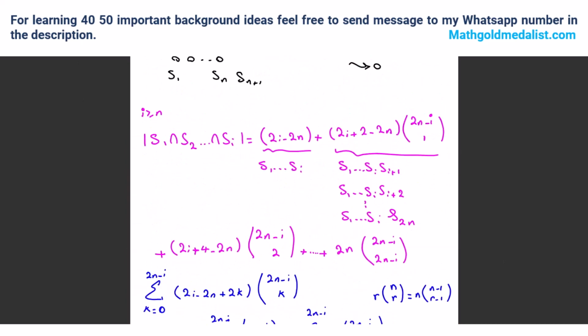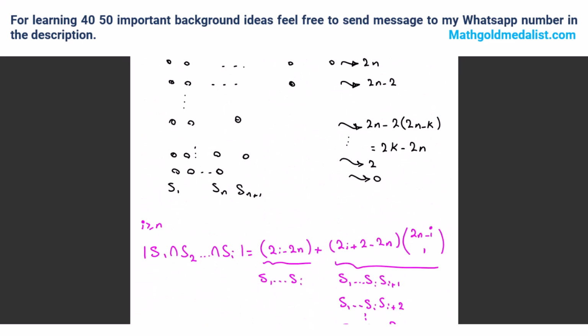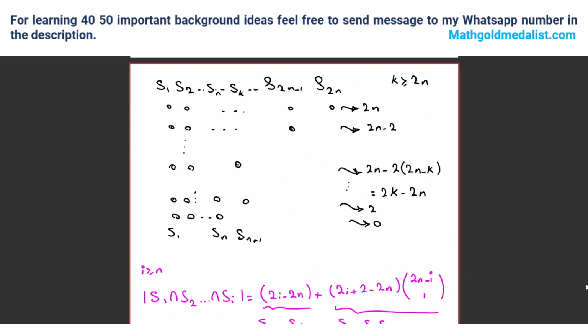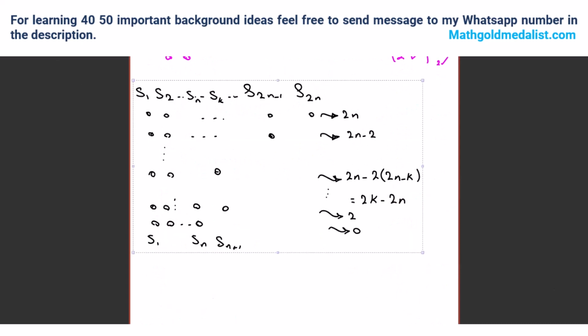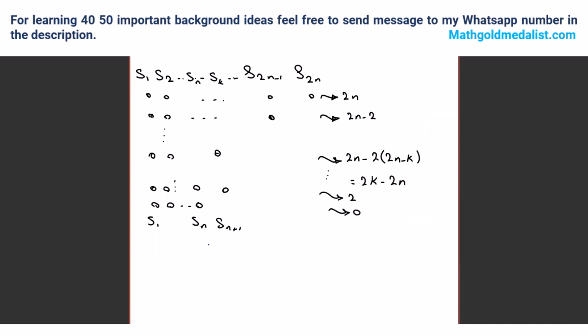So, if we want to, here we should consider the number of elements. So, the number of elements is what? Can you tell me? There's 2n for all of them, 2n.